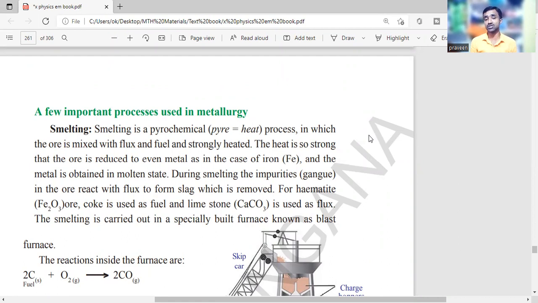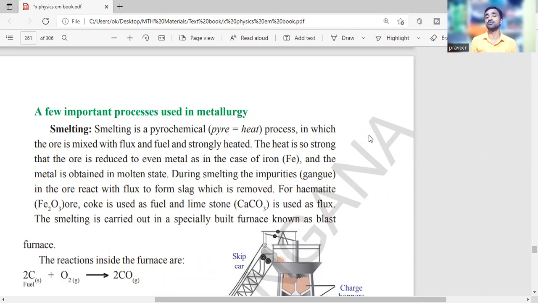Blast furnace is used for the reduction process, reducing, right? Reverberatory furnace is used for the roasting process. Remember that. Blast furnace is used for the reduction process, and the reverberatory furnace or retard furnace is used to carry out the roasting process.